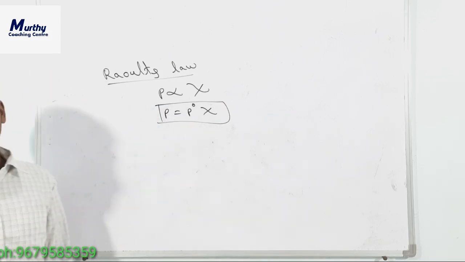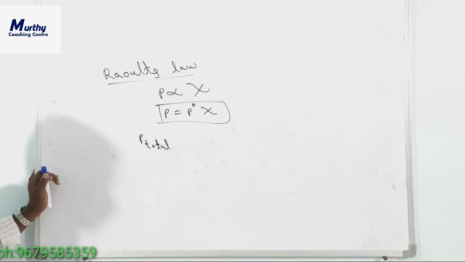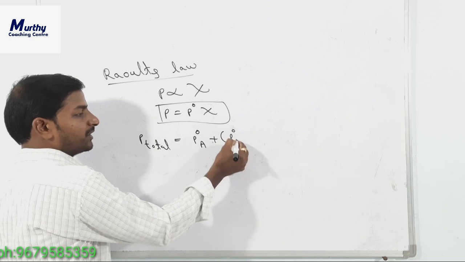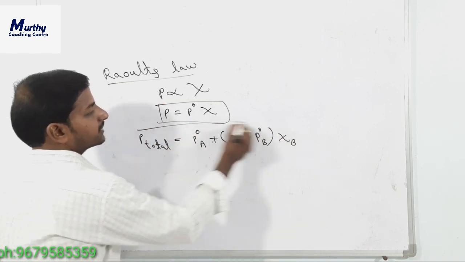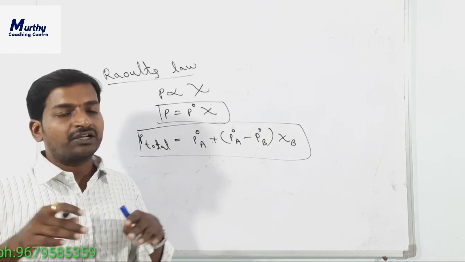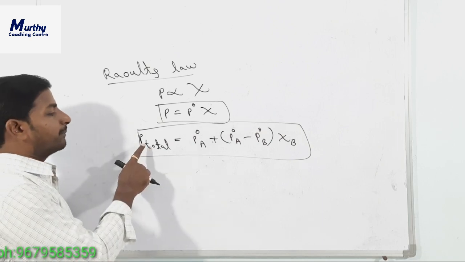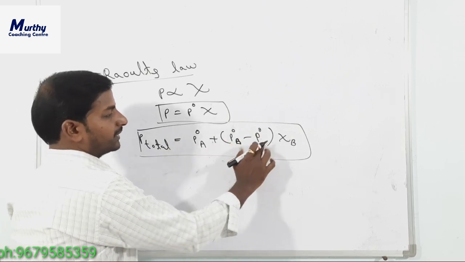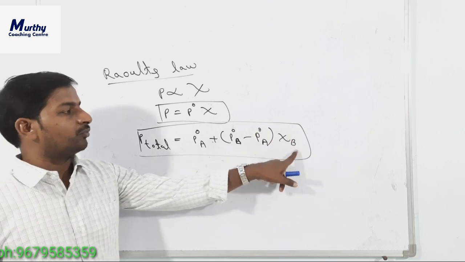If you consider two different liquids, this is the Raoult's law equation for the total solution vapor pressure: P total is equal to P naught A plus P naught B minus P naught A into mole fraction of B. When we are mixing two liquids, we can calculate the total vapor pressure of the mixture with this equation.